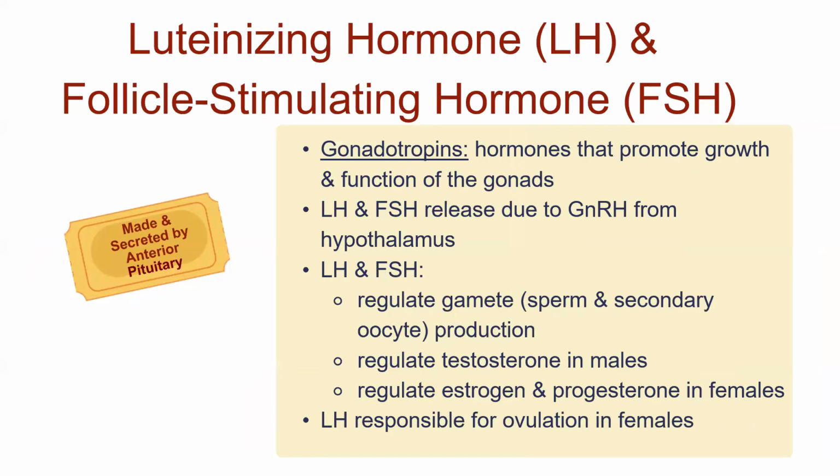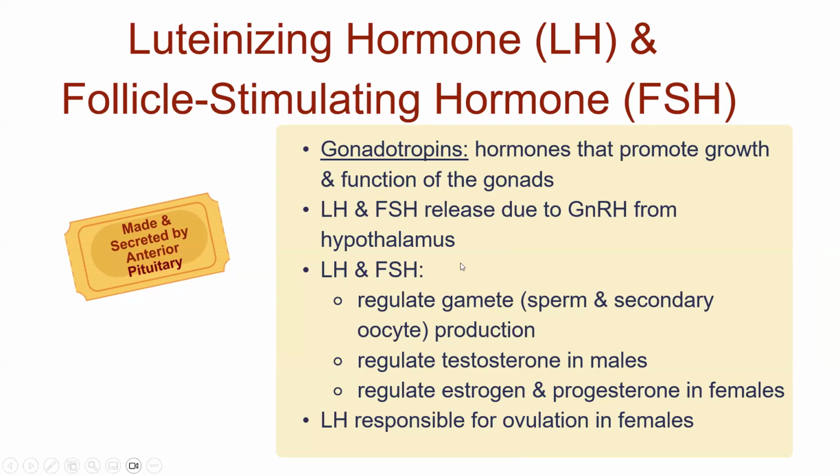LH and FSH are found in both the male and female system, and they help regulate the production of our gametes, our sperm and our oocytes. And so they are released in response to gonadotropin releasing hormone. So that's GnRH that you see down there. They work a little differently in the male and female system.